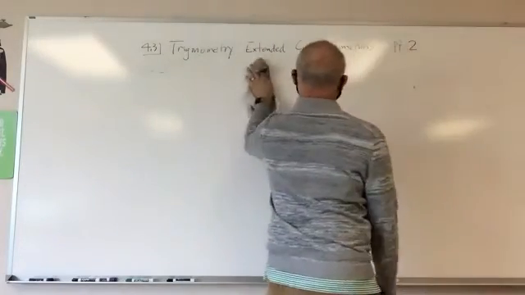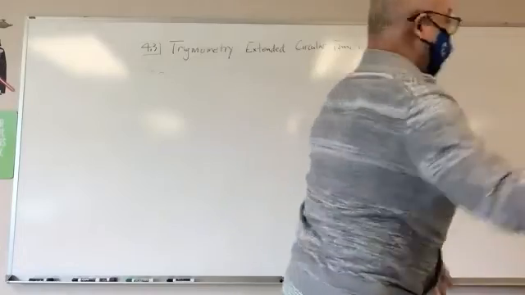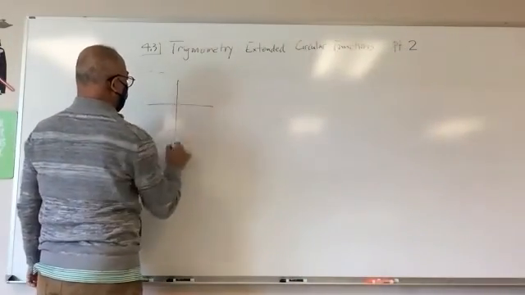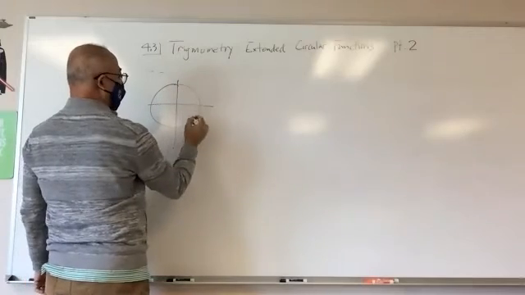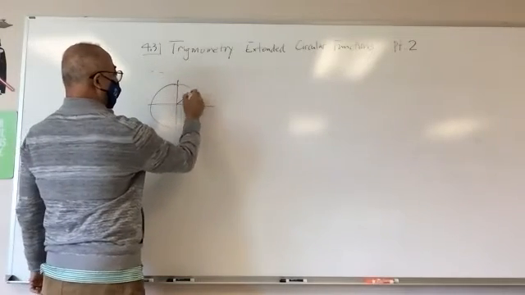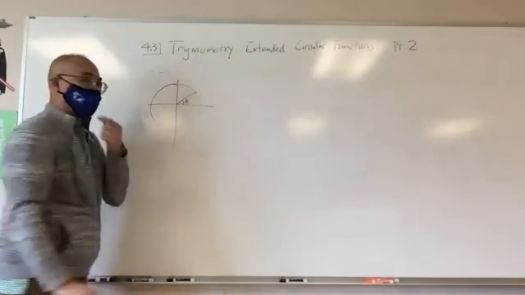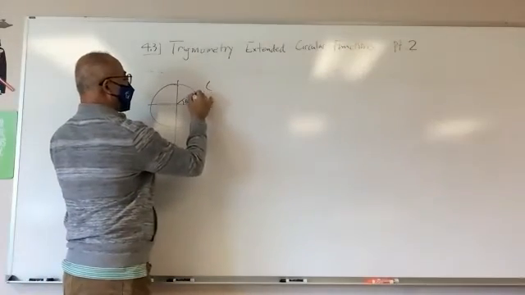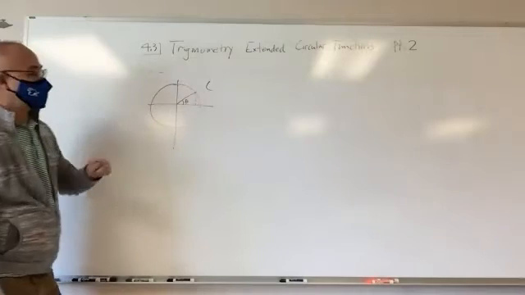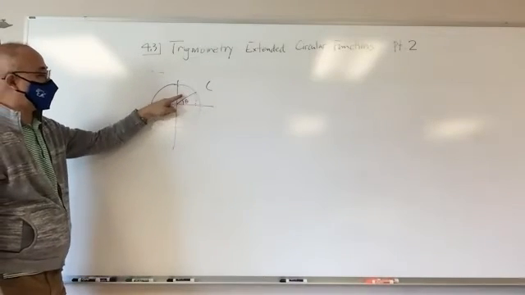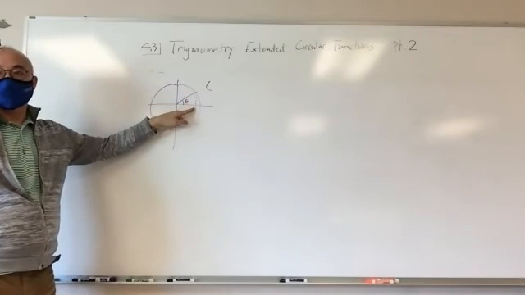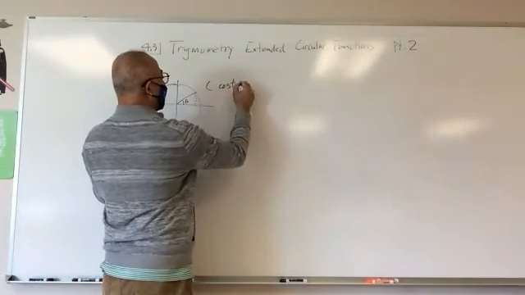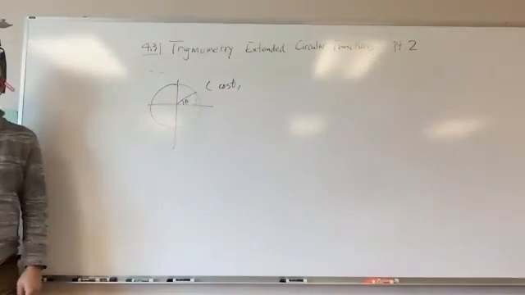Since the radius is 1, if I had this theta, my x value here is going to be r, the radius, times cosine theta, correct? So basically, I'm going to end up with cosine theta as my x value.